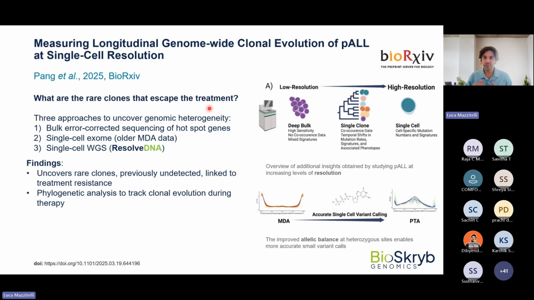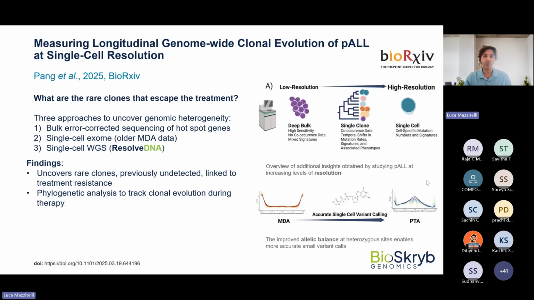They performed 3 approaches: a bulk error-corrected sequencing on hotspot genes, which was able to detect dominant mutations only; an analysis of single cell exome, with older multiple displacement amplification data; and single cell whole genome sequencing using ResolveDNA.